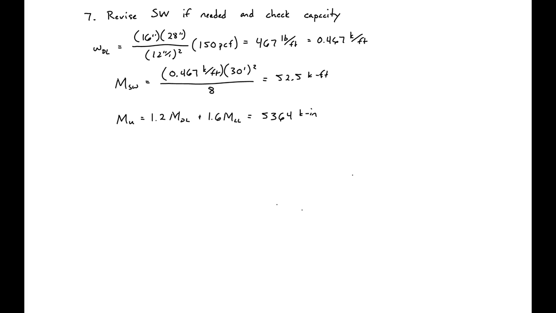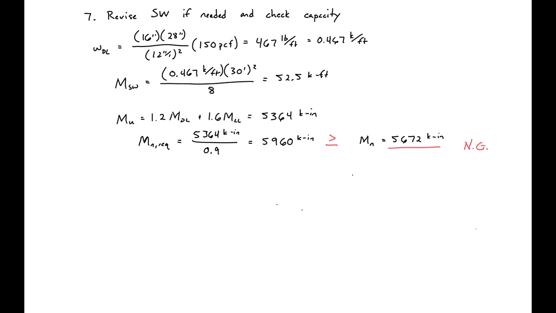We can use this to find our MN required, which is 5,364 kip inches divided by 0.9, our phi factor assuming tension controlled, which will give us 5,960 kip inches. If we compare this to our MN provided, we'll see that our MN required is greater than our MN provided. So this means that our section's no good, and we're going to need to go back and revise our section.